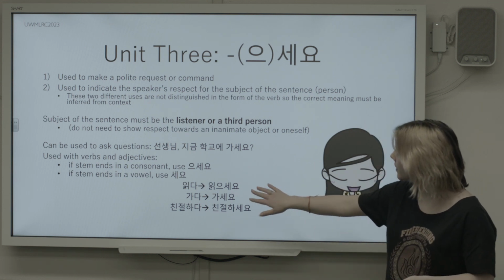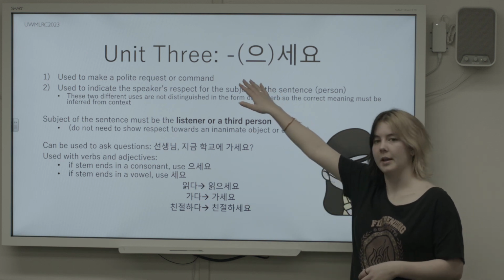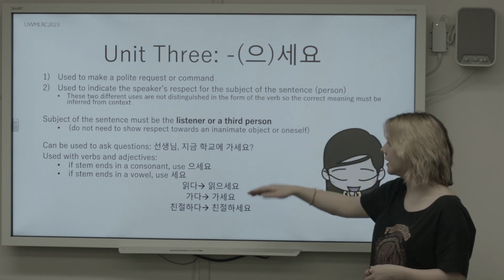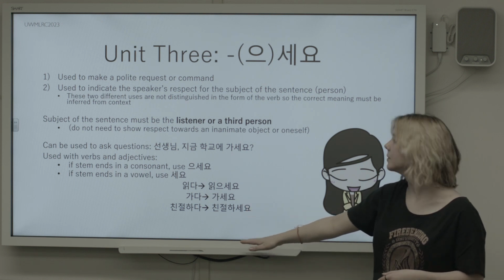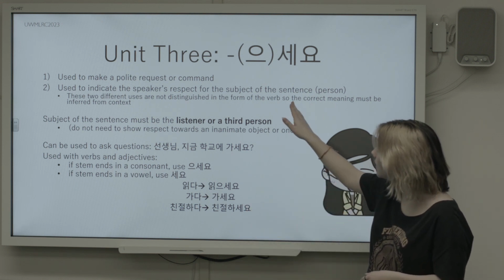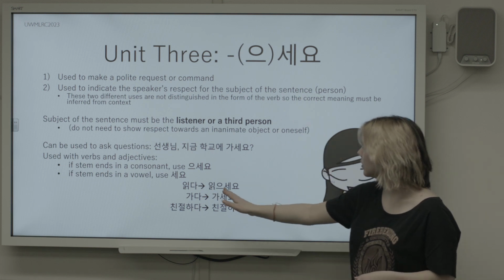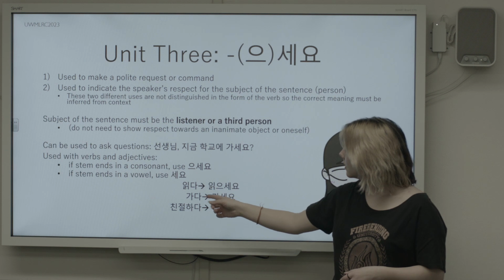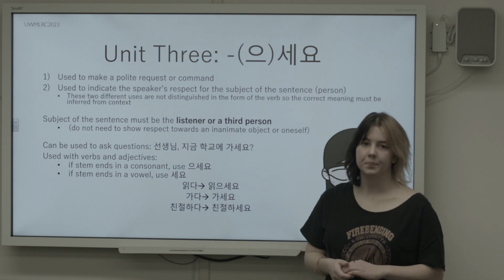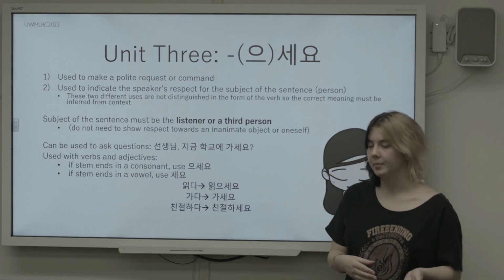So if you interpret these words in the first way as a command, you'll interpret it as please read, please go, please be nice. But if you interpret it in the second way, well, you need to include a subject here. So let's say you're talking about your teacher. 선생님, 읽으세요. Teacher is reading.